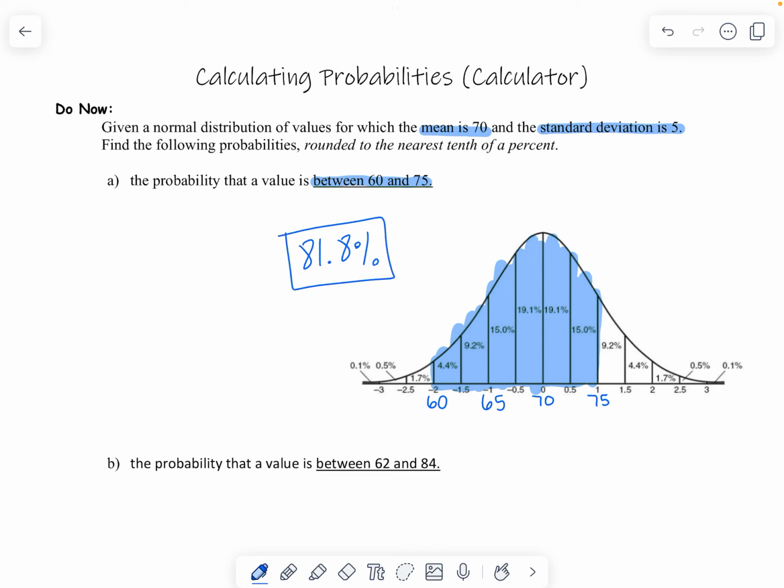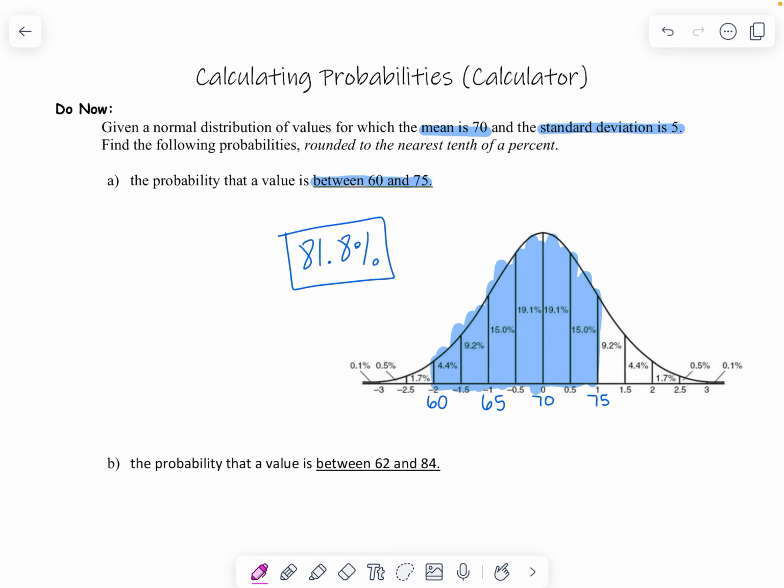Okay, so using this same understanding, we're trying to find the percent of scores that fall between two values. I'd like you to look at Part B, and just for a moment, I want you to think about why Part B looks a little bit different than Part A. And if you've had a moment to think about it, you're probably thinking, well, first, where do I put these numbers, right?